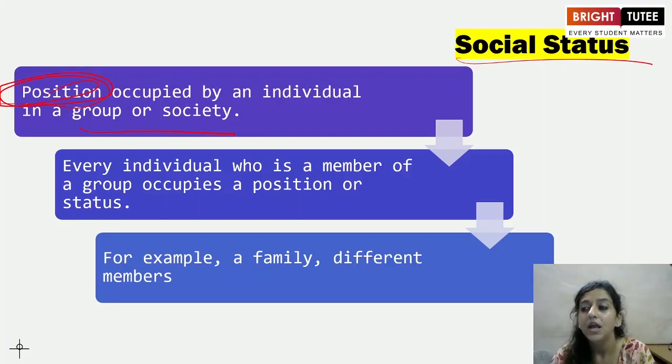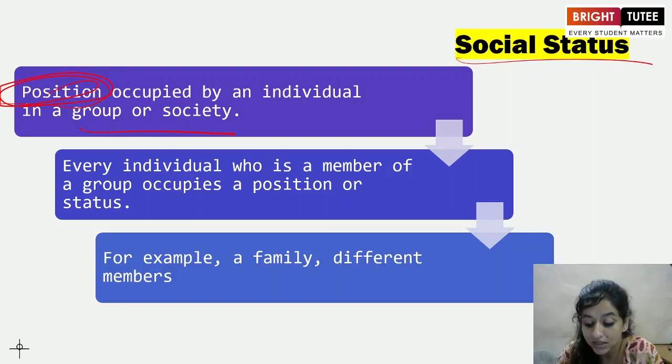For example, if there is a group of friends wherein you always give major importance to the opinions of one person in the group, that is because of the position that person holds in the group.